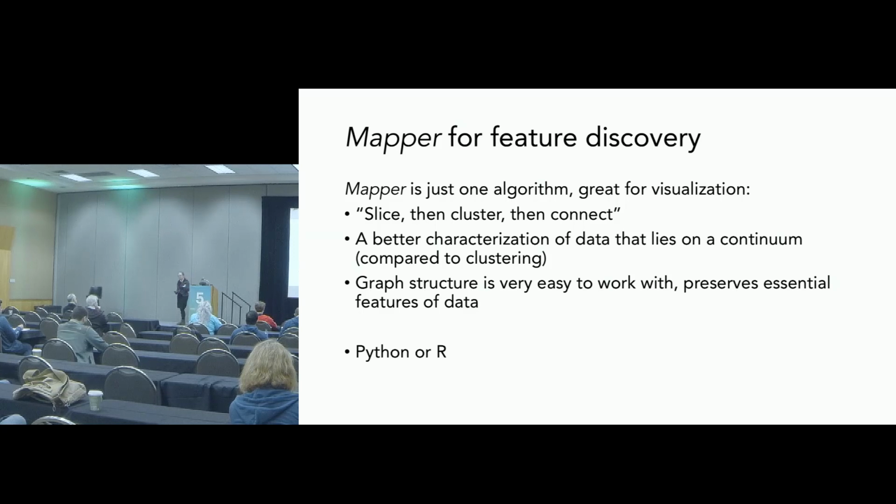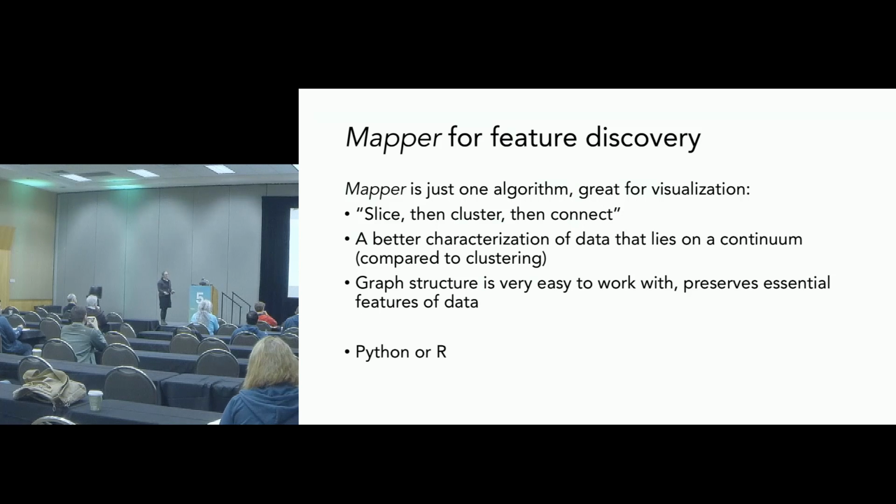For visualization, I want to tell you about an algorithm called Mapper, where the slogan at the top, slice, then cluster, then connect, is really the key. You have some huge, high dimensional data set. You want to see the structure of it somehow. You know it's not a good cluster sort of thing. It's not some robot arm locations. It's not an easy manifold structure.